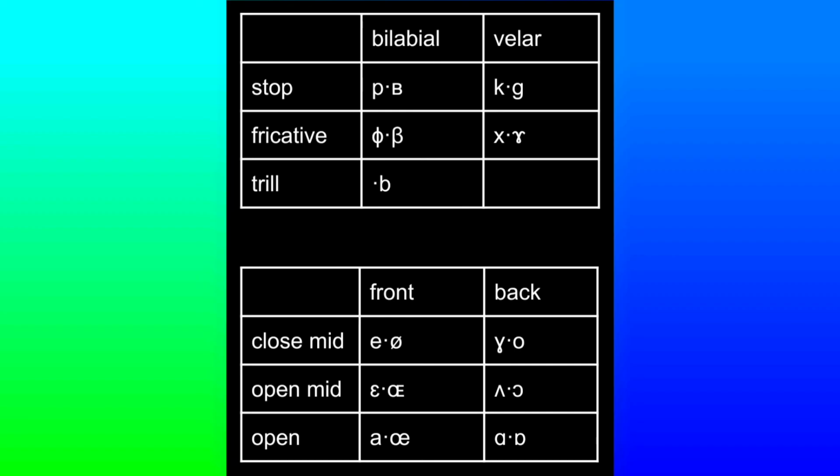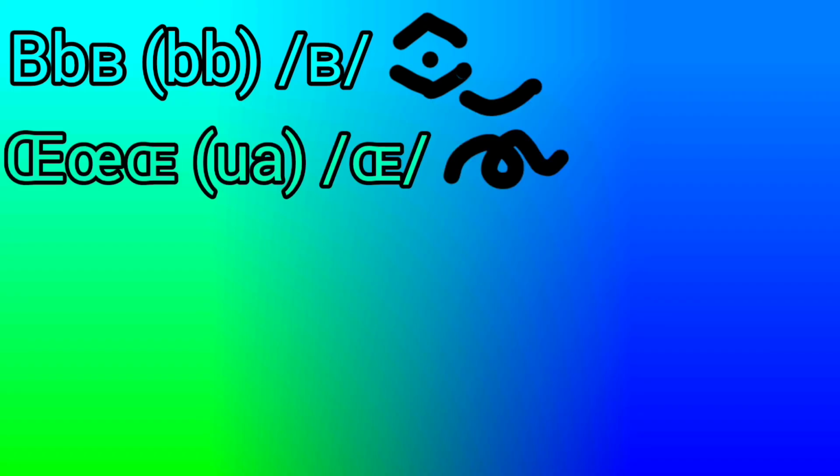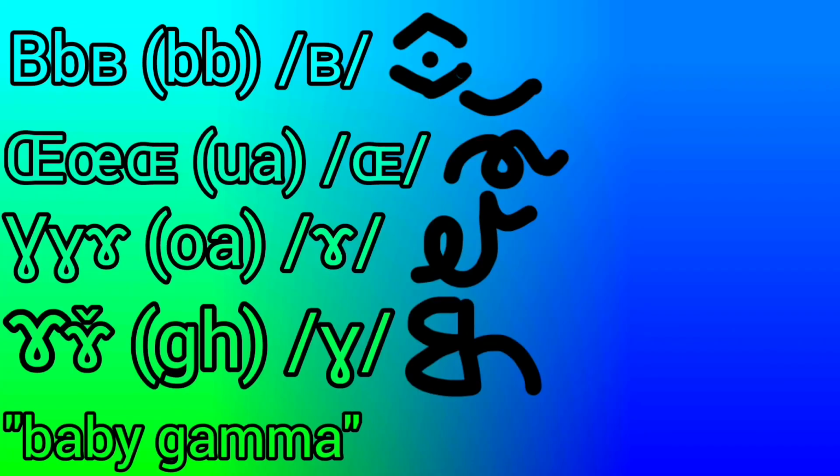Goofy language speakers liked this chart better than the old one, which is why B is B, OE attached is gamma, and baby gamma is G. This IPA change was reverted very shortly, but it remains in Goofy language's orthography.